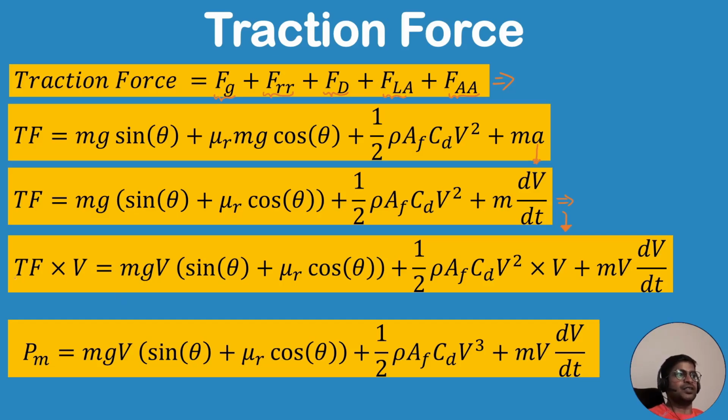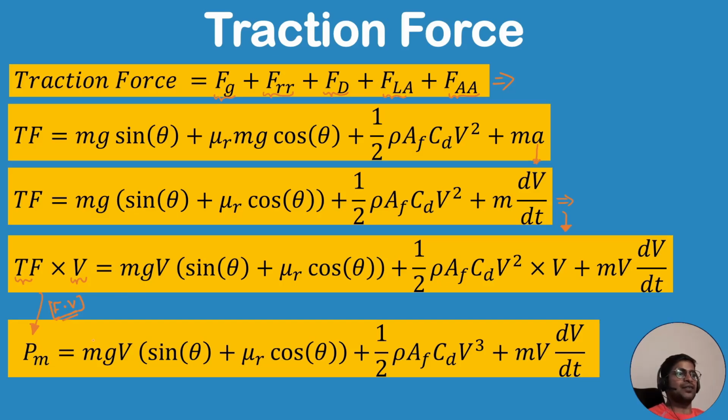So this is the traction force multiplied by the velocity of the vehicle. What will happen if we multiply? We can directly write the motor power. Why? Because force into velocity is power, and hence the power will be constant either at the motor or at the wheel and everywhere, and hence we can write this as the motor power.